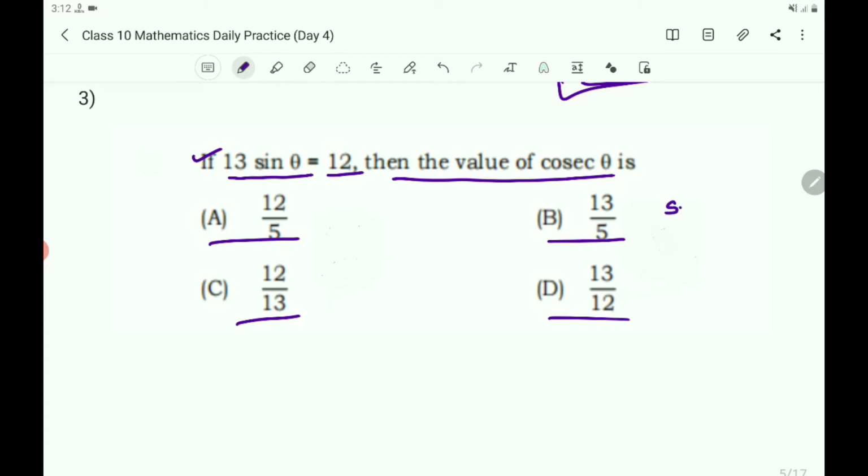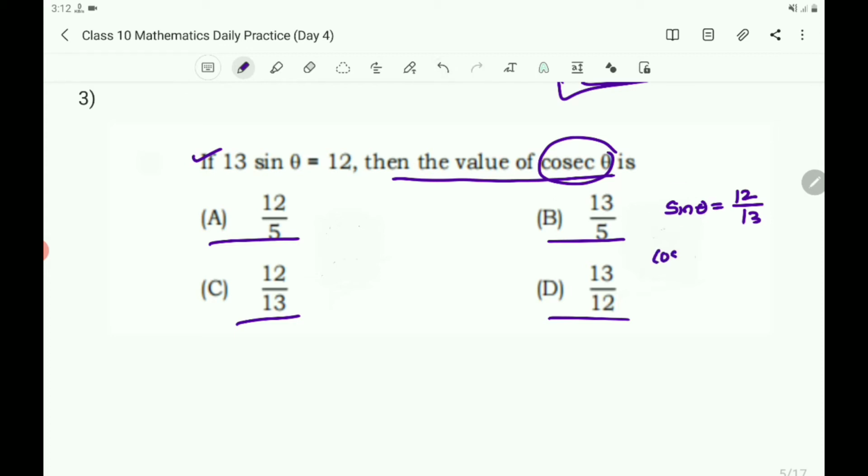Here let us solve roughly. 13 sin theta equals 12 means sin theta equals 12 by 13, and cosec theta we have to find. You know that cosec theta is the reciprocal of sin theta.